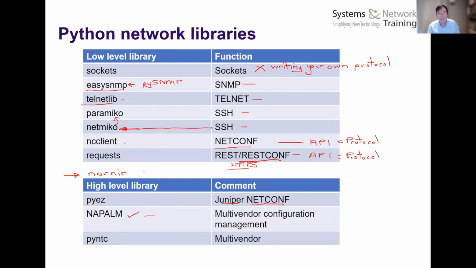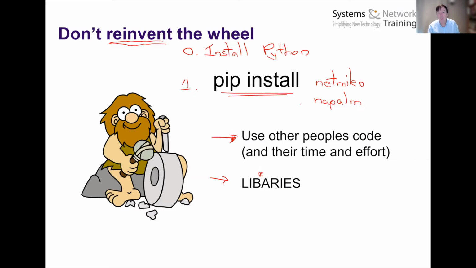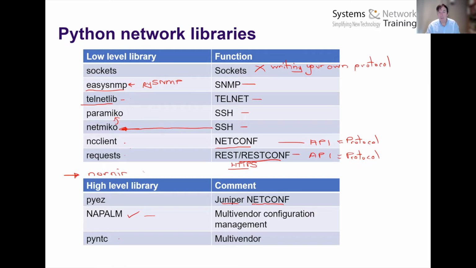If you want to use NAPALM, you will do a pip install napalm, and NAPALM does use Netmiko, in fact. With pip, it won't just install the library that you are after, it does work out the dependencies. So if you did a pip install napalm, it will install Netmiko for you. Hopefully that's answered the question.